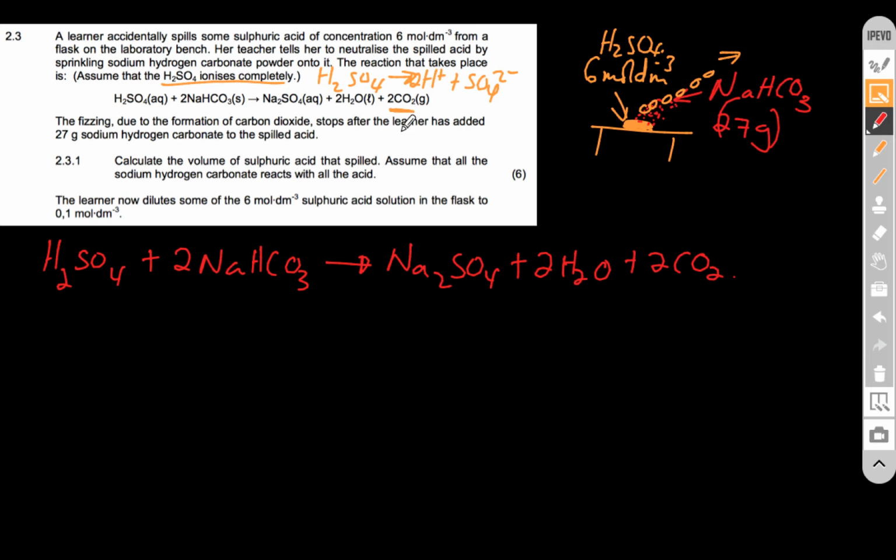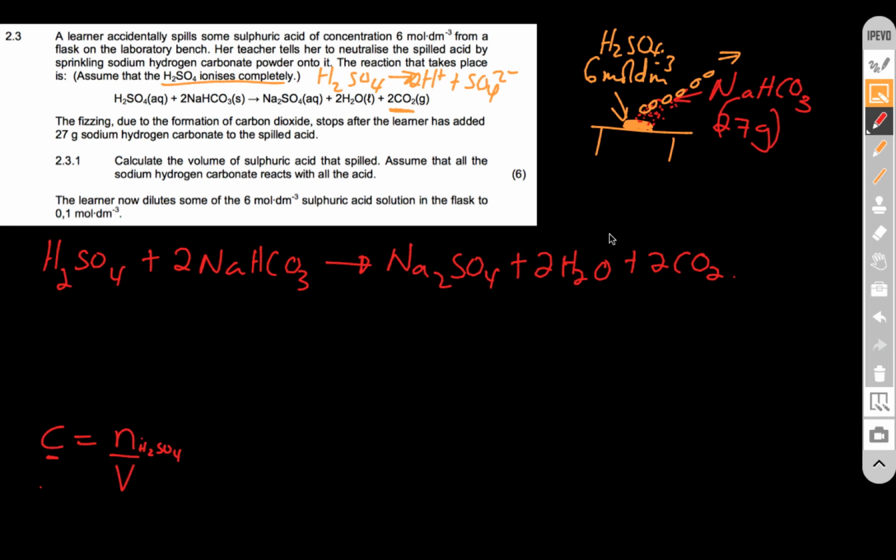The way that we are going to solve this problem is, we do have the concentration of sulfuric acid, right? And we know that concentration is equal to number of moles over volume. So since we have the concentration, we can calculate the number of moles of the sulfuric acid, and then use the concentration to calculate the volume.